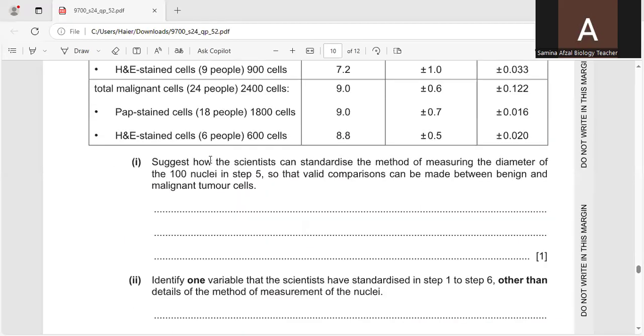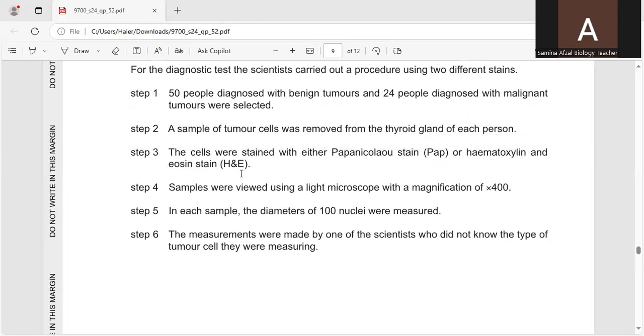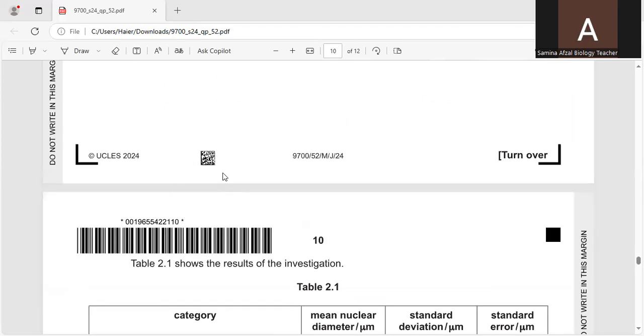So suggest how the scientists can standardize the method of measuring the diameter of the 100 nuclei in step 5. Step 5 is that in each sample the diameter of 100 nuclei was measured.